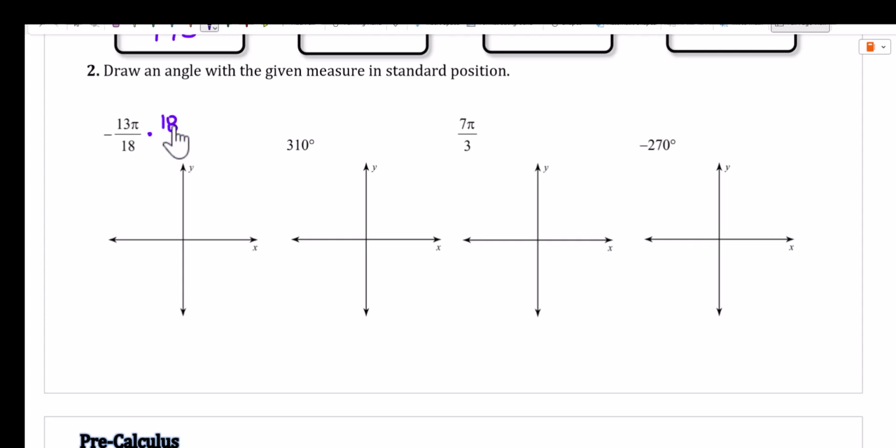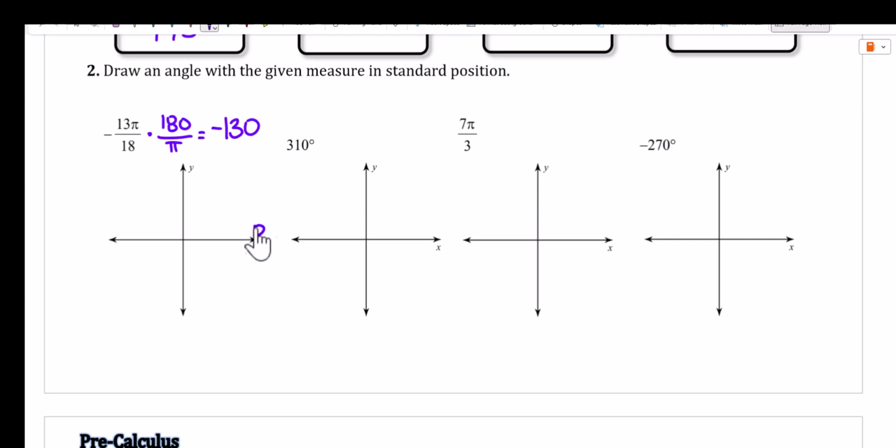Let's multiply by 180 over pi, and we'll get this as a degree. Again, let's use that calculator. So I got negative 13 times 180, and I'm going to put that over 18, and that is going to give me negative 130. Now, negative 130 degrees and negative 13 pi over 18, they are the same angle.